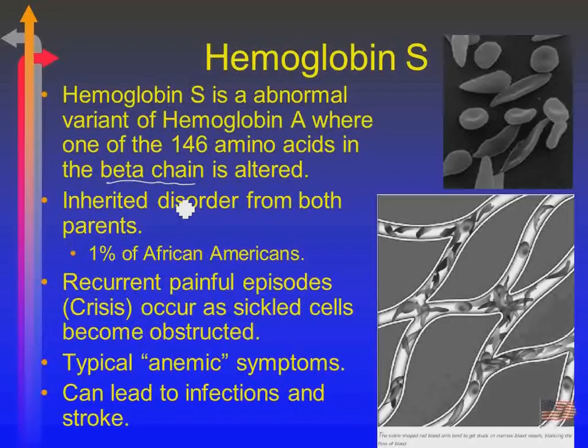It's where one of the amino acids on the beta chains is altered, and it's an inherited disorder, typically seen in African Americans, where during a crisis, which is what ends up happening periodically, these hemoglobin that are normally nice concave discs become literally like spears. And they end up basically clogging, causing strokes, causing other issues, extreme pain, leading to infections, all kind of processes.